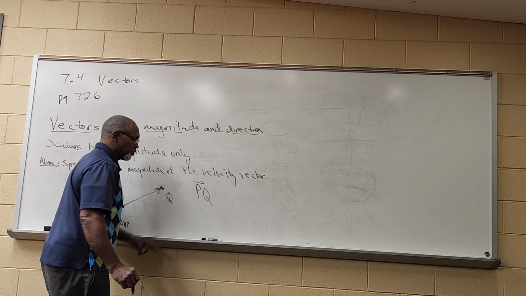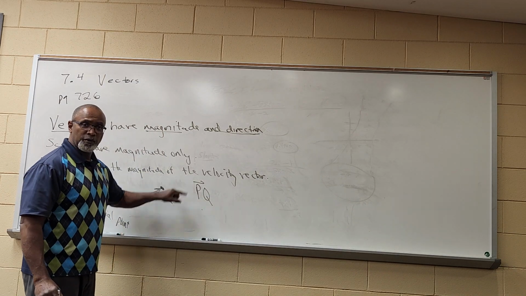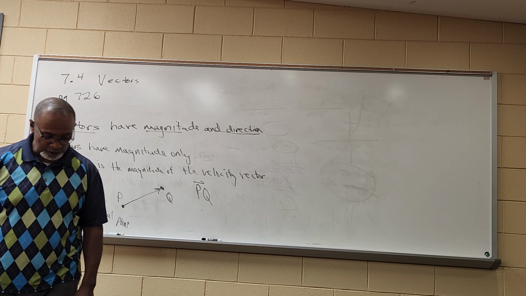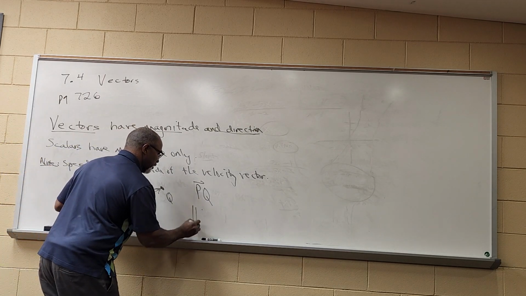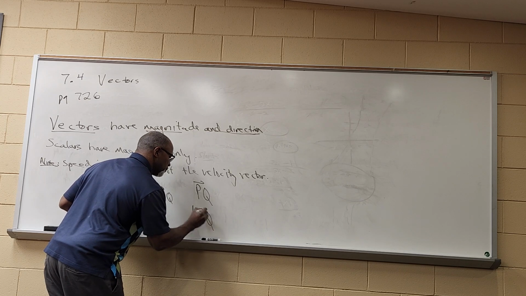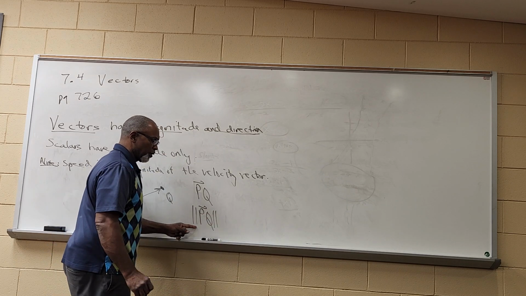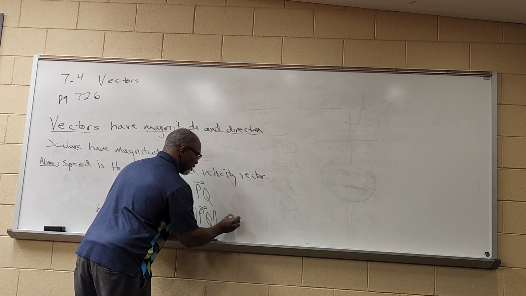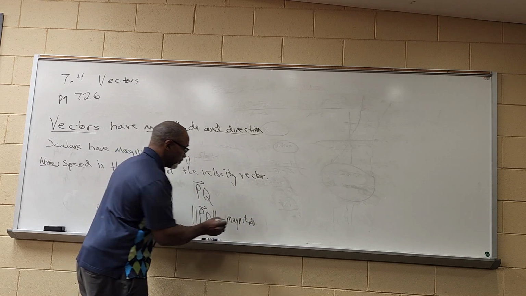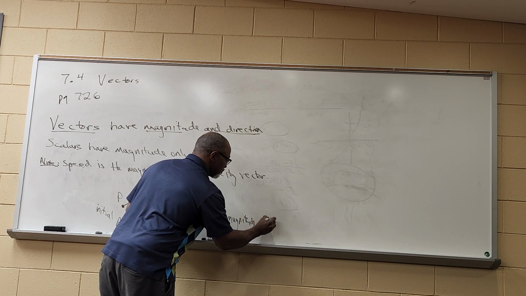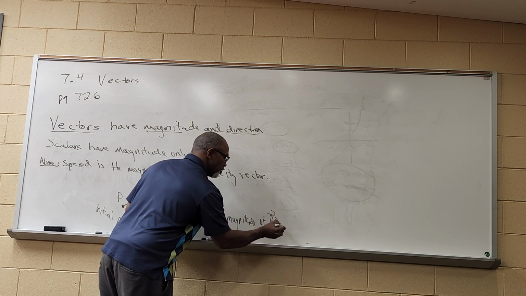Sometimes you'll see this notation. Whenever you see that little bar above, that means it's a vector, okay? And I can measure these things. When you see this notation, PQ, in these double bars, this is the magnitude of PQ. In other words, the length of the vector, the magnitude of PQ.